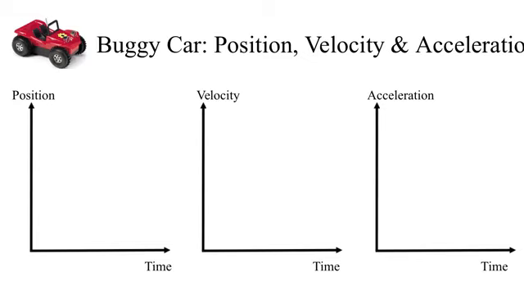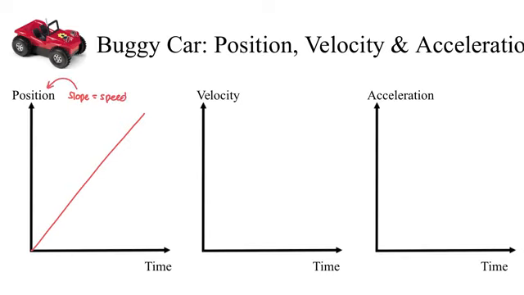Recall that the position versus time graph for the buggy car, a car that traveled at a constant velocity, looked something like this, right? We had a positive linear relationship, because the speed of the buggy car is constant. I know that the slope of this graph is the speed.